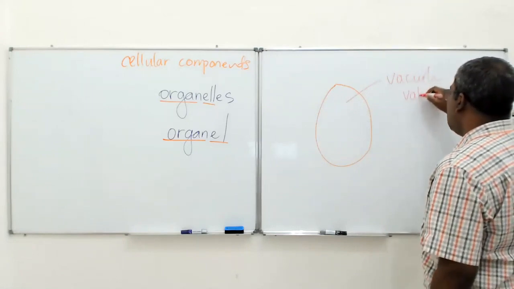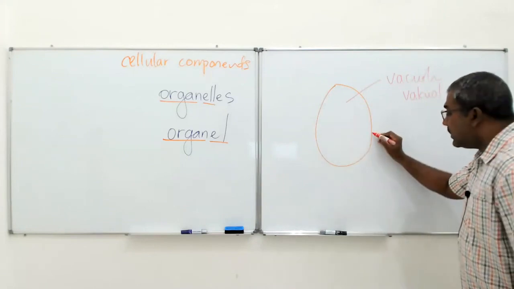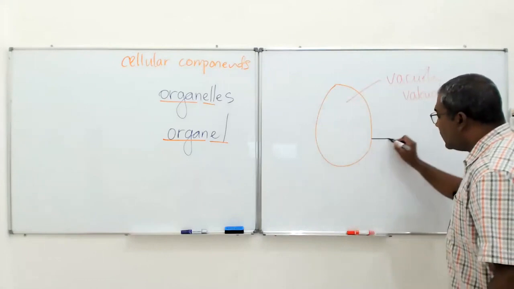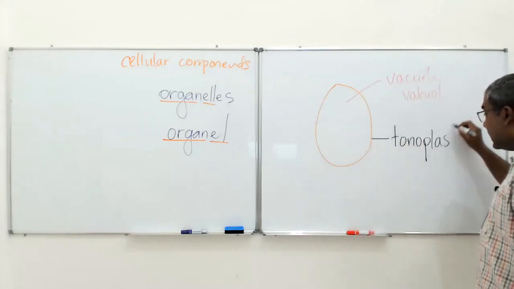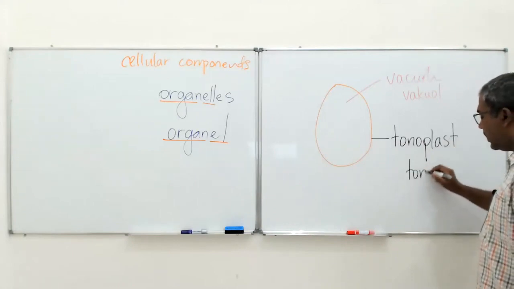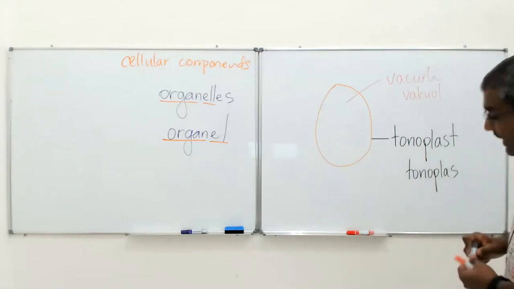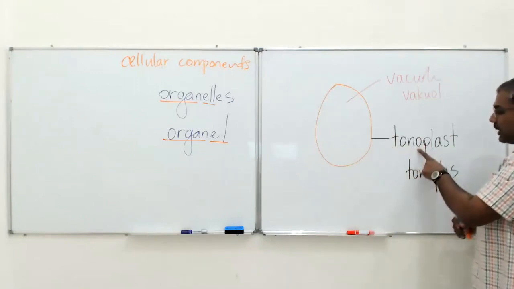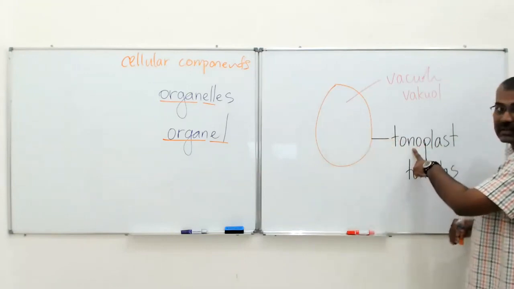Dalam BM ejaan dia vakuol. Dinding vakuol dipanggil sebagai tonoplast. The wall of the vacuole is called tonoplast. In vacuole, dinding dia panggil tonoplast.